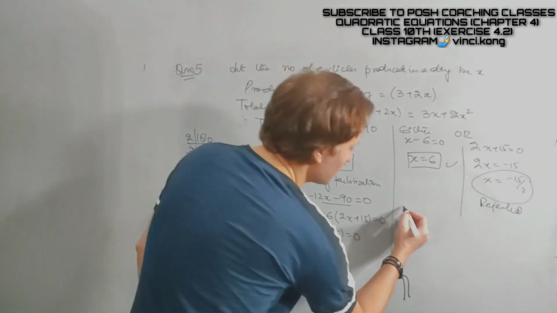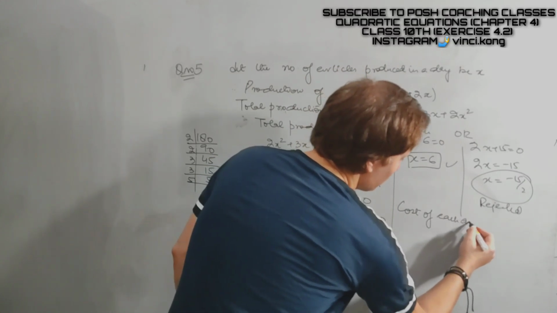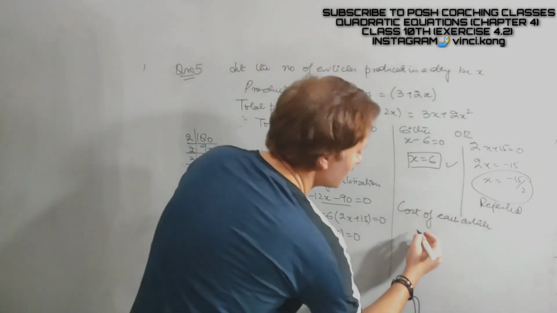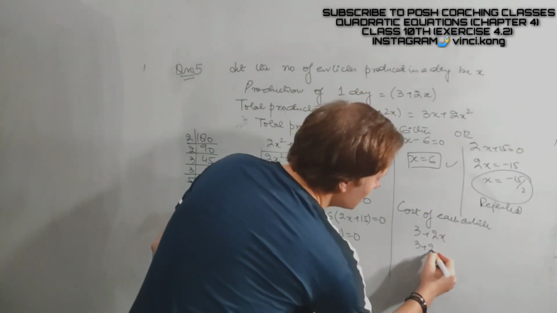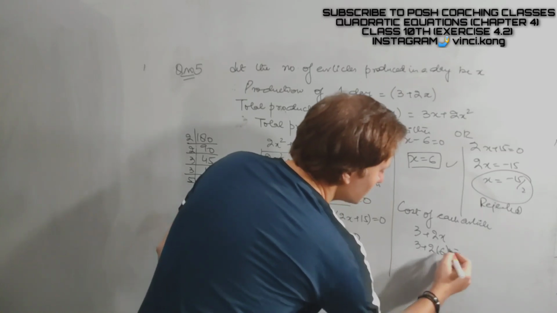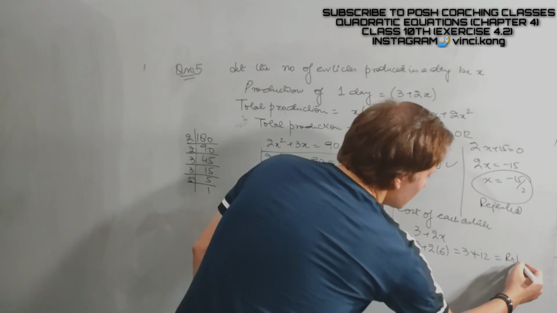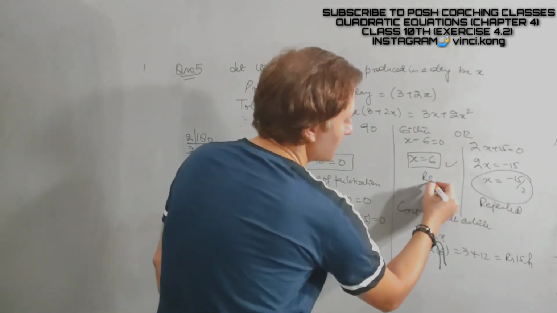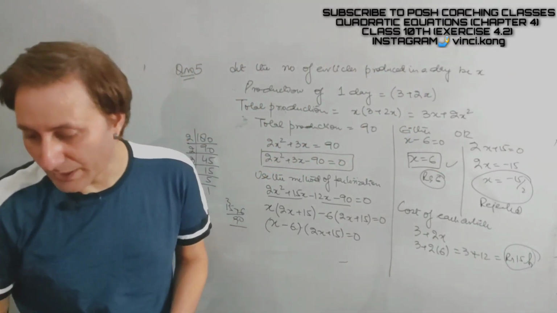So the cost of each article, if you see, is 3 plus 2x, so 3 plus 2 times 6, that is 3 plus 12, that is rupees 15. So the number of articles is 6 and the cost of each article is rupees 15. These are the two answers.